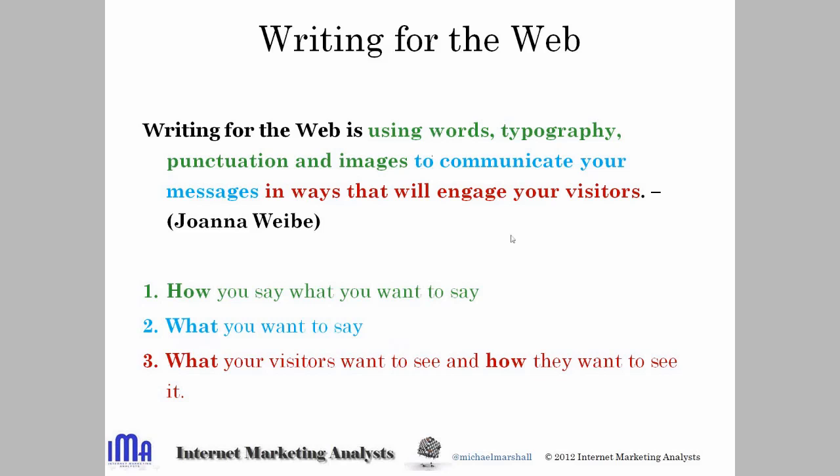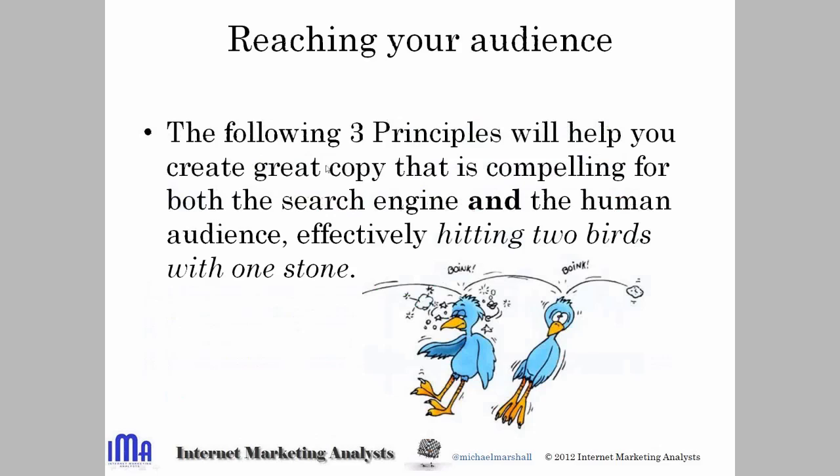Those are the three things that you need to keep in mind. And I'm going to go over three principles that help you achieve the goal of meeting those requirements. They will help you create great copy that's compelling for both the search engine and the human audience, effectively hitting two birds with one stone, because you really need to do both.